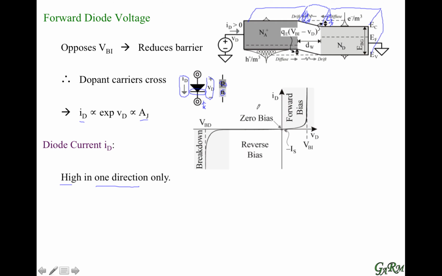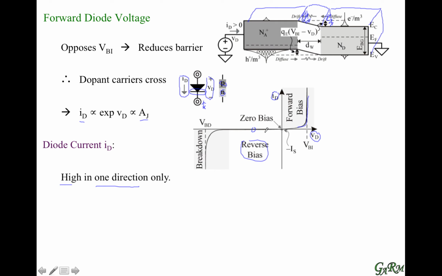If we look at the IV graph, with a forward diode voltage and the diode current, we see that the diode current increases exponentially with diode voltage. When the diode voltage reverses and we enter the reverse bias region, we have very low reverse current.